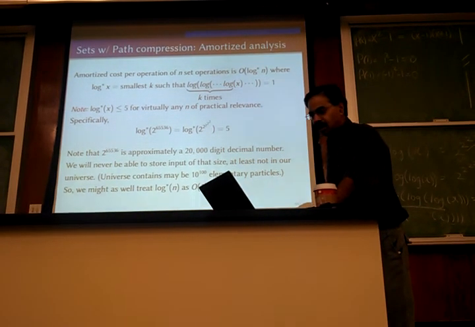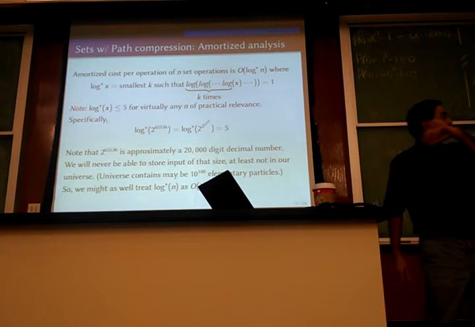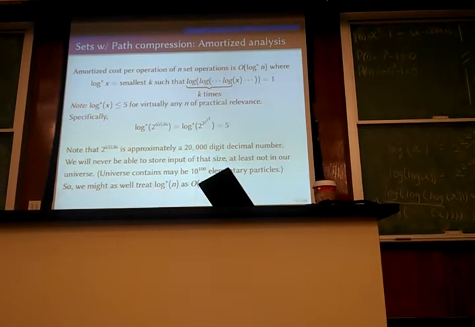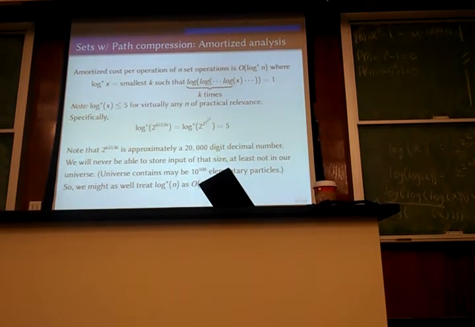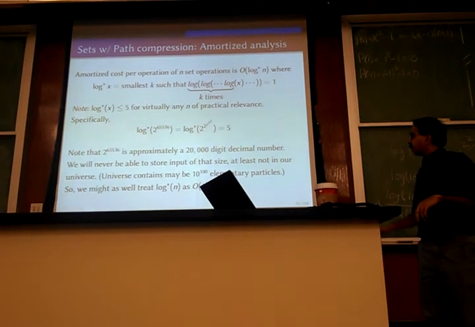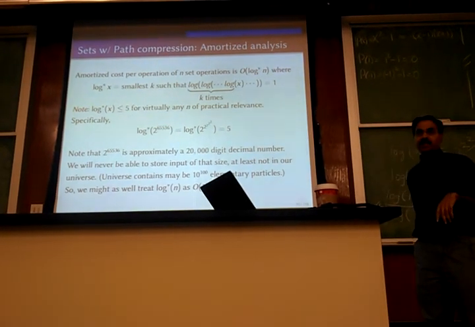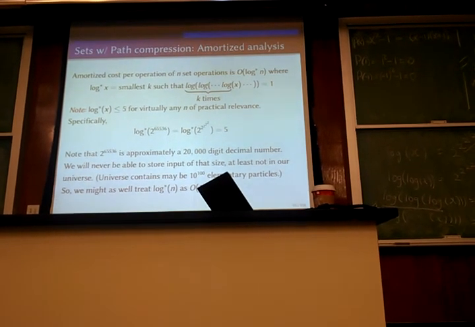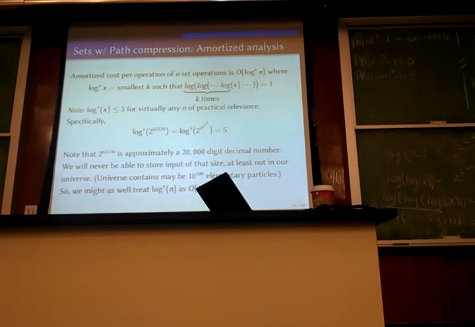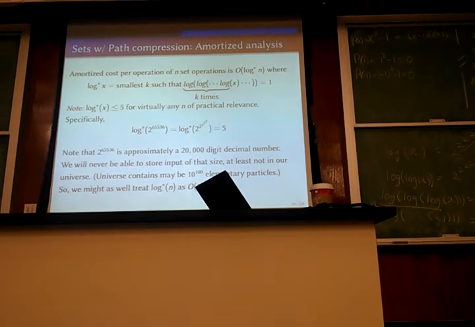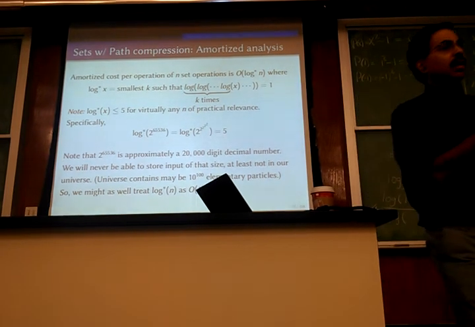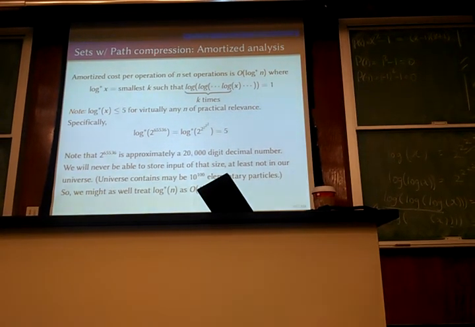So what we will be able to show now is that the amortized cost of n finds is not quite O of 1, but we'll be able to show that it grows as fast as this log star function. Which means that the log star function grows very slowly, and the maximum value is 5 for all practical purposes. Any questions?